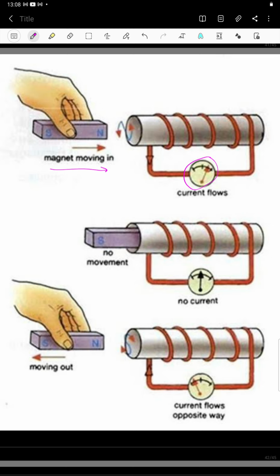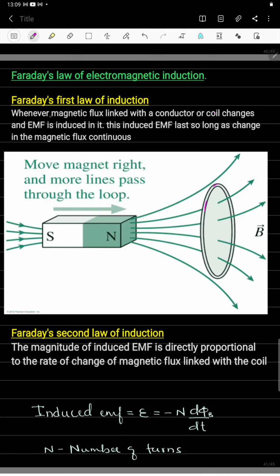Now we'll see Faraday's law, that is nothing but whenever the magnetic flux linked with a conductor or a coil changes, an EMF is produced in it.